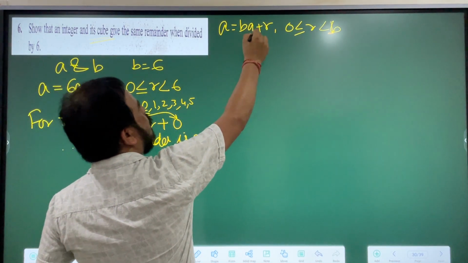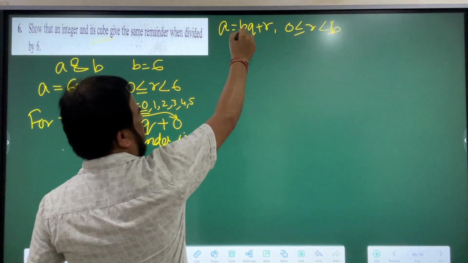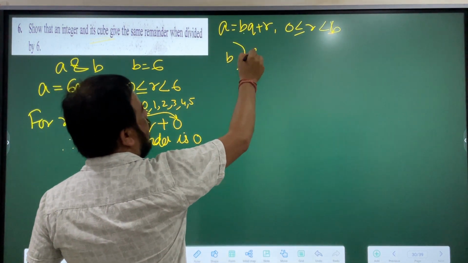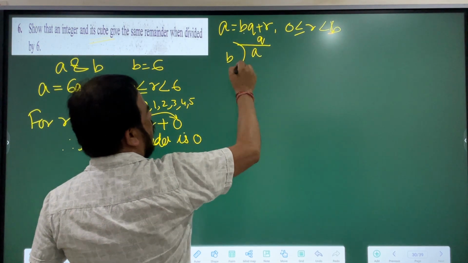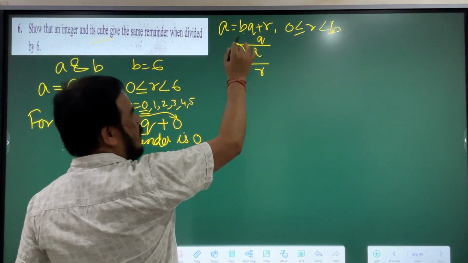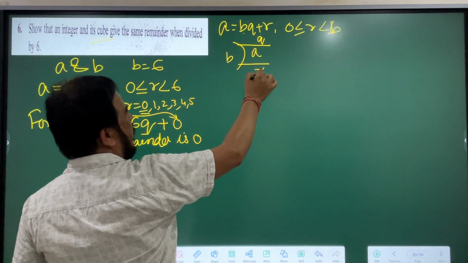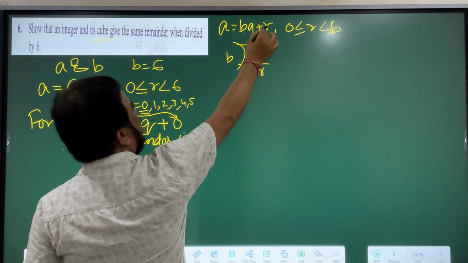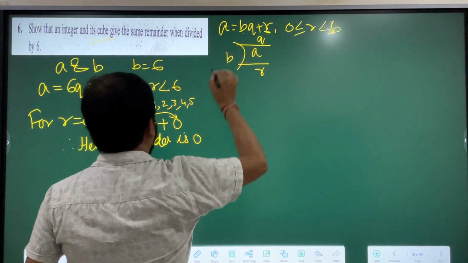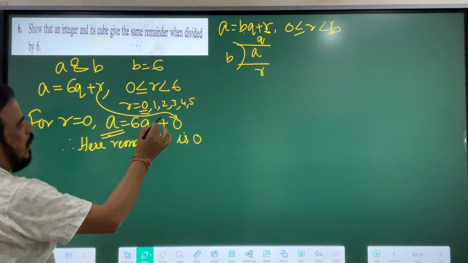A equals BQ plus R. B means outside, A means inside, Q is here, R is here. That you know already, I explained it. This is division, quotient, and R, remainder. So in BQ plus R, whatever number is in this place is the remainder. A equals 6Q plus 0.